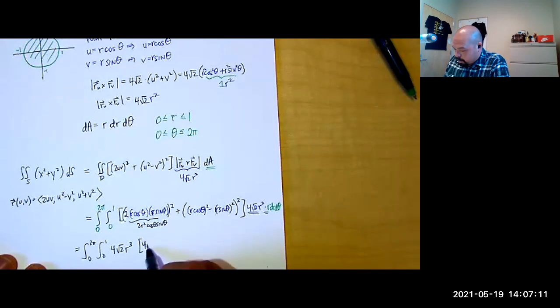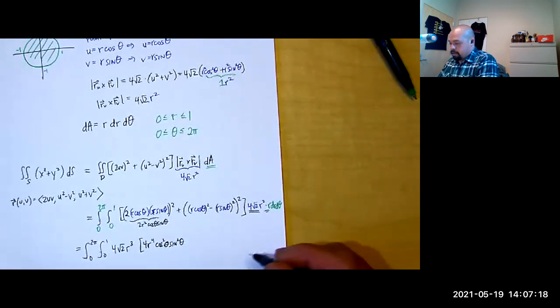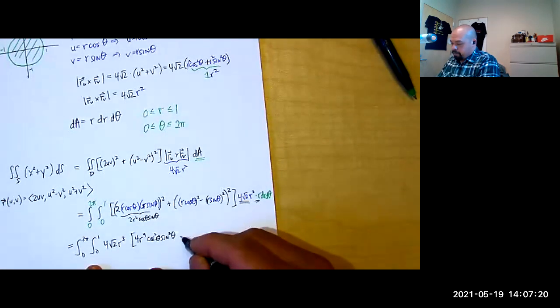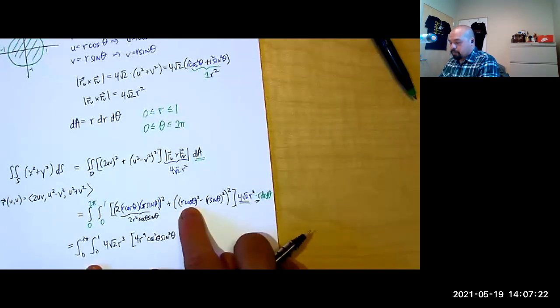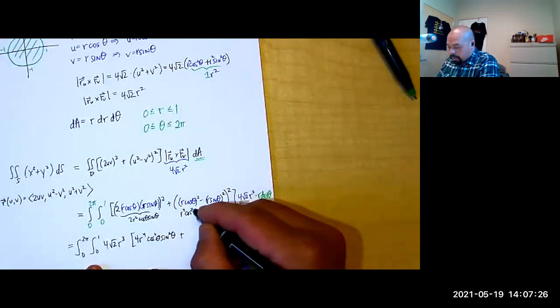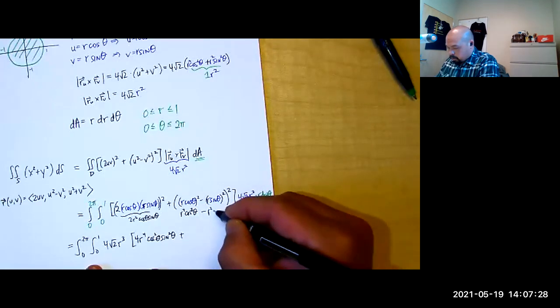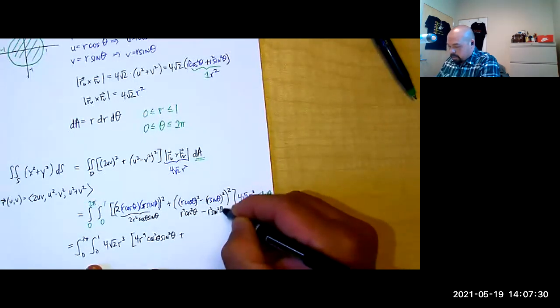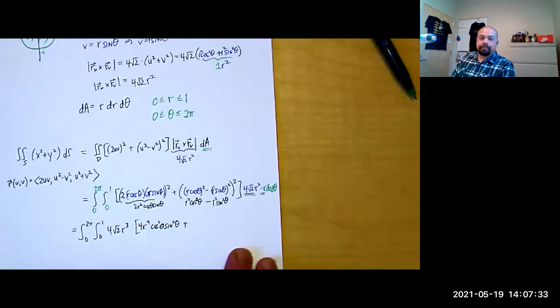So it's going to be 4r to the fourth cosine squared theta sine squared theta. Plus, and now r squared cosine squared theta minus r squared sine squared theta.